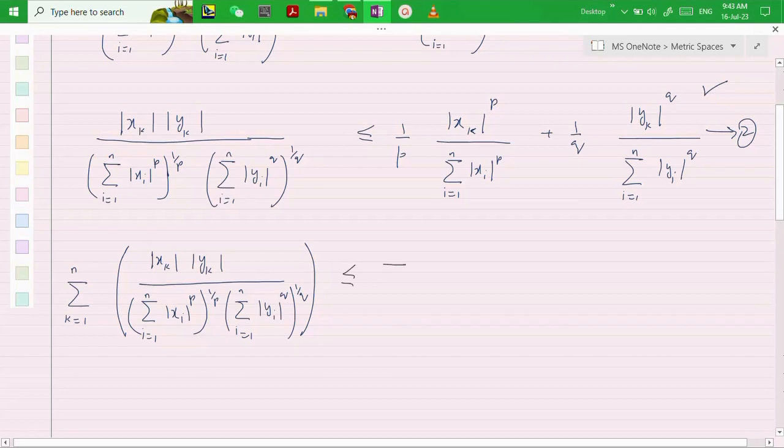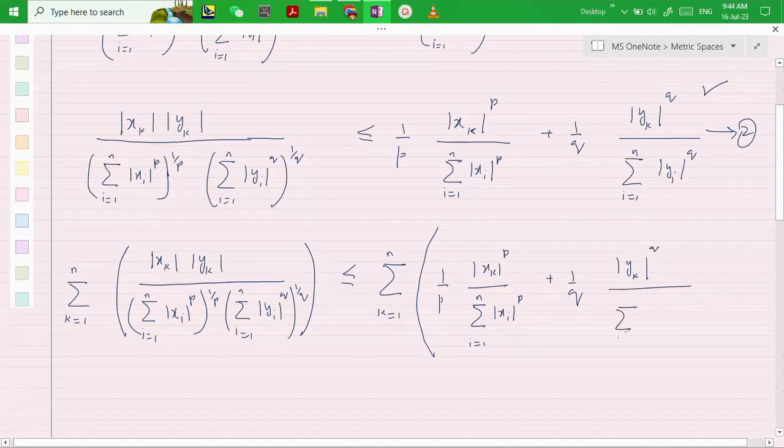This is less than or equal to summation k from 1 to n, 1 by p times mod xk power p over summation i from 1 to n mod xi power p, plus 1 by q mod yk power q divided by summation i from 1 to n mod yi power q.